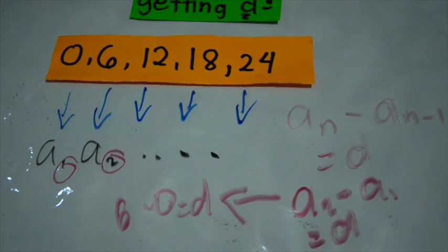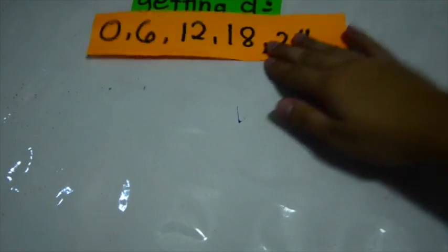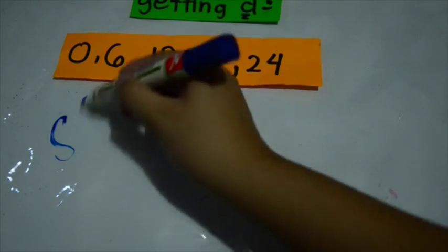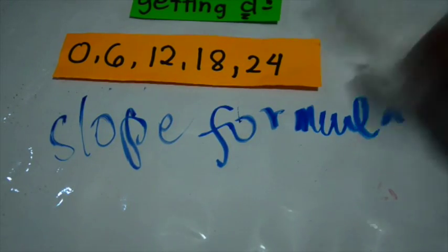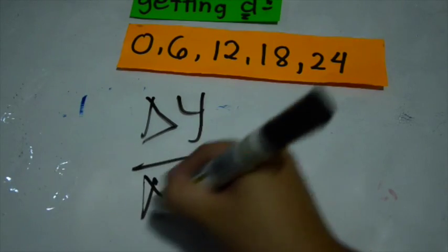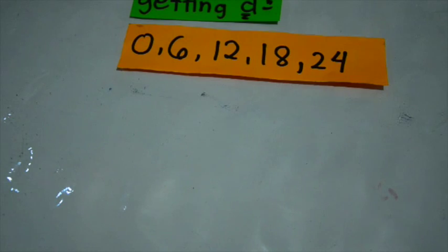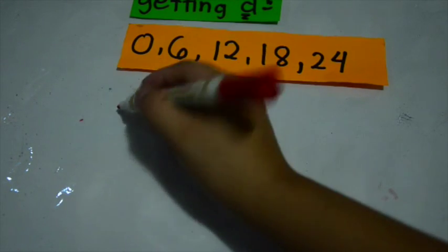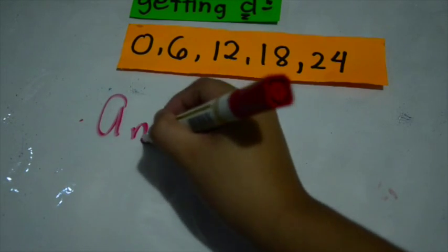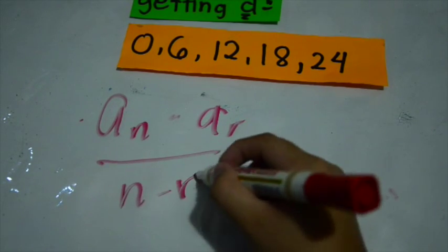Now, another method of solving this is by using the slope. The slope formula is defined as the change in y all over the change in x. But in this case, we can expand it as a sub n minus a sub r, all over n minus r.